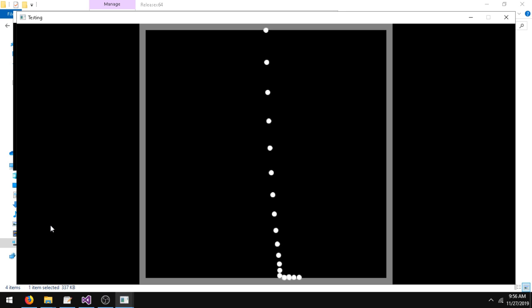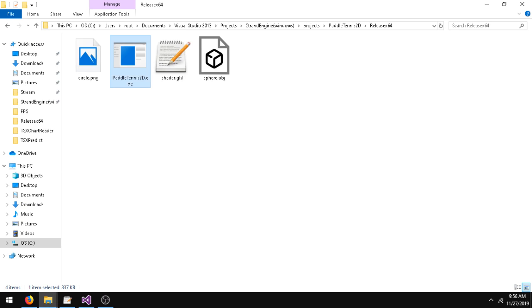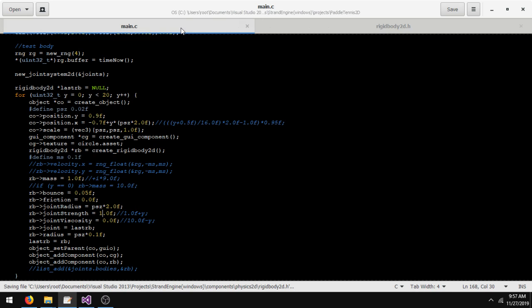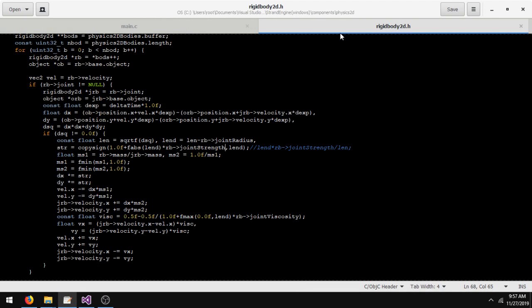Oh, interesting. It's still not even that strong. Maybe joint strength should be right here. Actually, that's going to have the same effect.